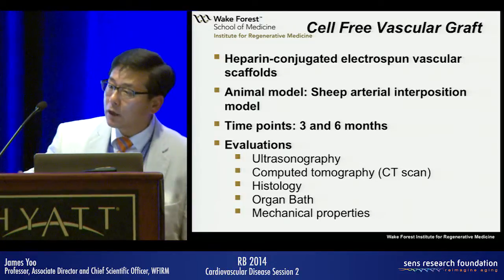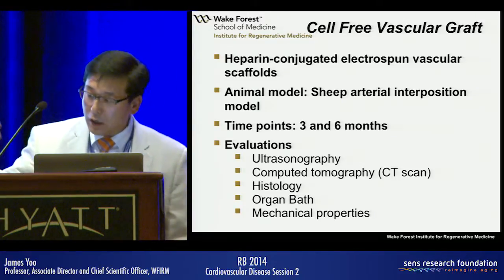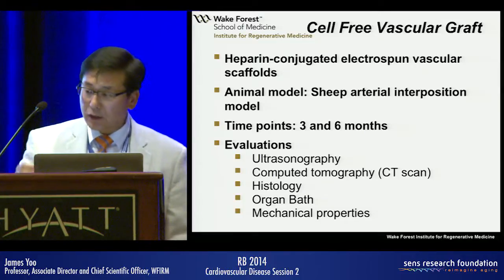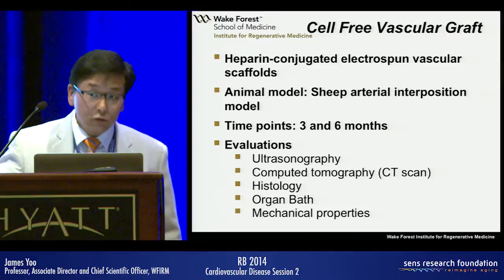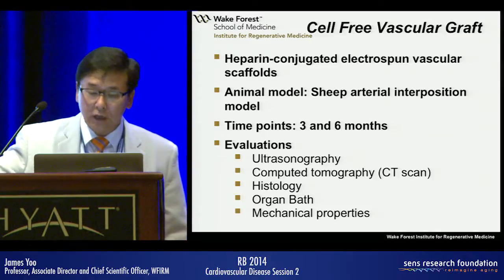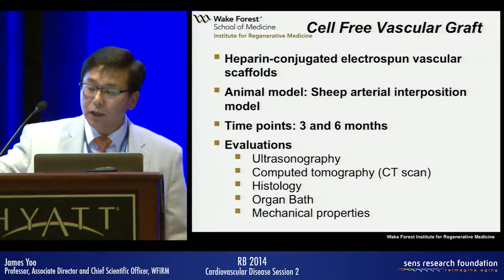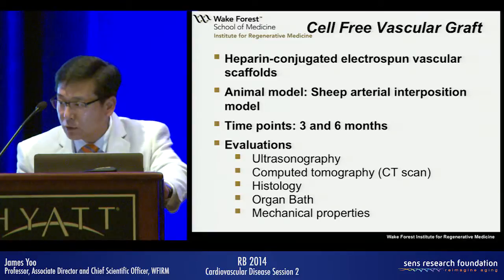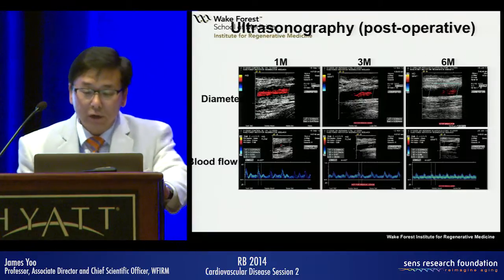So we repeated the entire study that I've just shared with you, but the difference is that we did not use any cells but conjugated heparin to the lumen of the scaffolds and then implanted them into the sheep carotid artery model, and we followed the animals for 6 months.